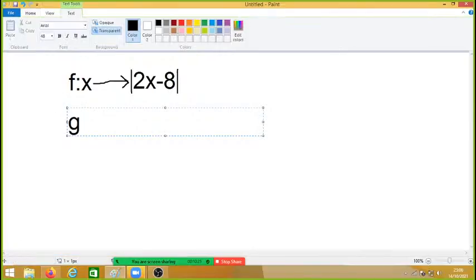Okay, let's take a look at the next function. Again, we're going to change it from g bracket x to g colon x. The colon means such that.